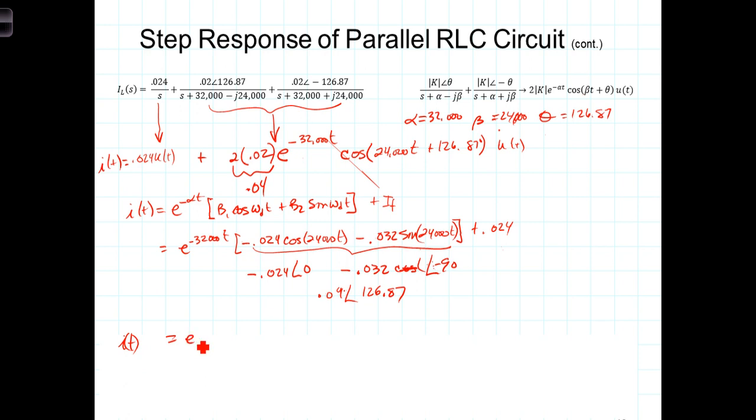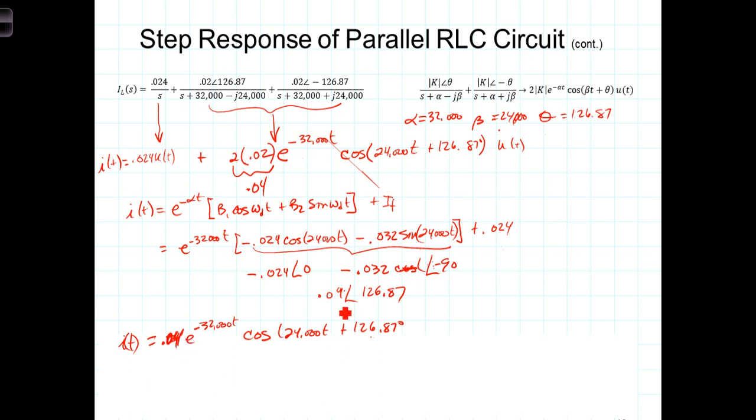So we then have I of t equal to e to the minus 32,000 t times the cosine of 24,000 t plus 126.87 degrees, and of course we've got the 0.04 multiplying all this.